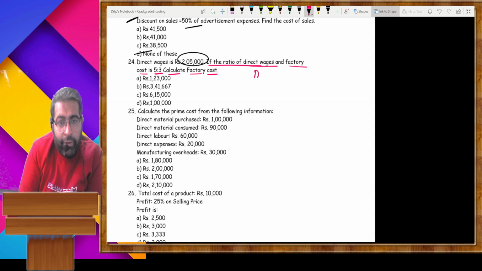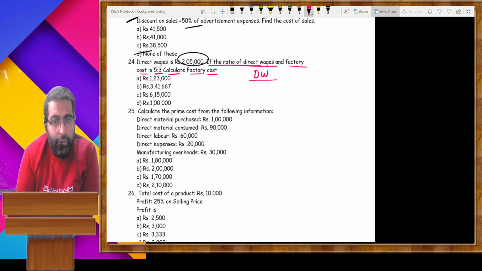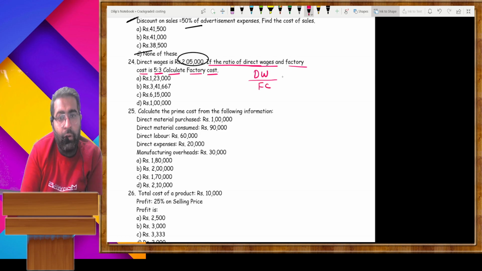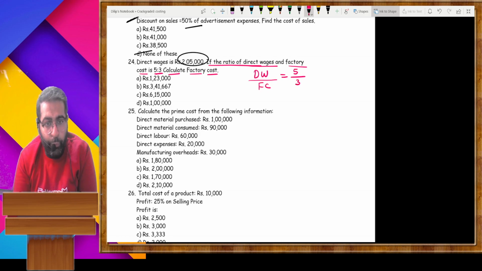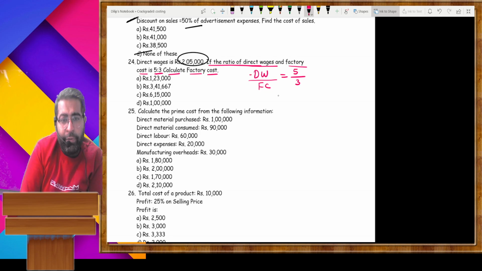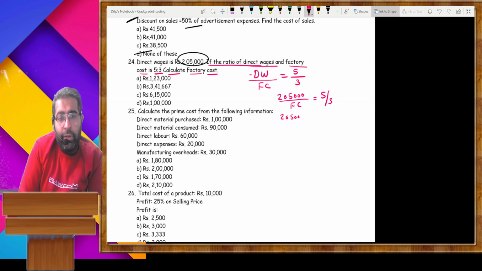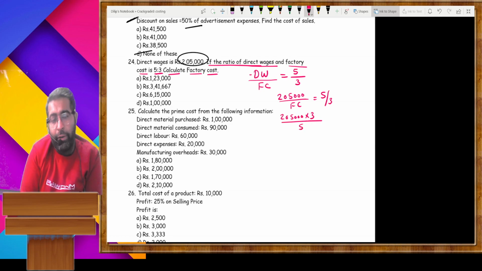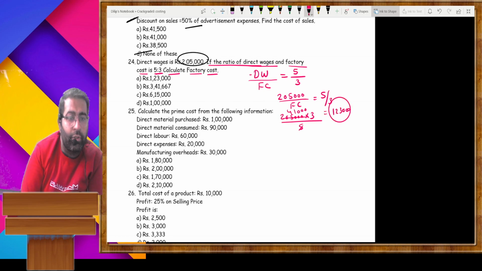Direct wages divided by factory cost, ratio is 5 divided by 3. Direct wages given is 2,05,000 but factory cost is not given, so it is 5 divided by 3. Just cross multiply. 2,05,000 multiply by 3 divided by 5. So the answer is 1,23,000. Very easy question.